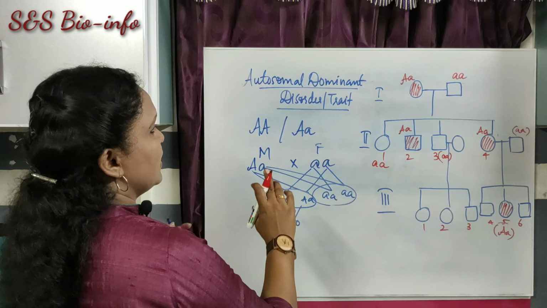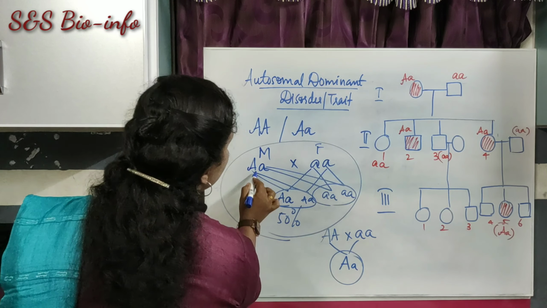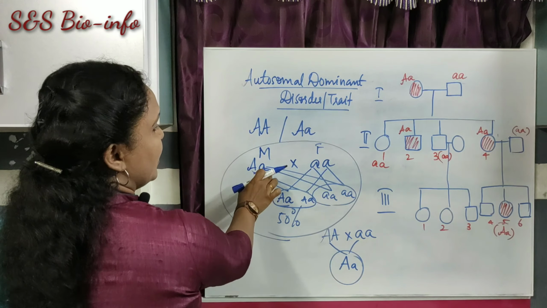But here, what is the condition in this family? Only 50% are affected, and the other 50% are unaffected. So the most suitable combination is this one: a heterozygous parent with a homozygous recessive parent, so that there is a chance of 50% affected and 50% unaffected children.